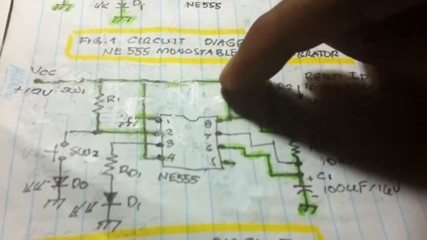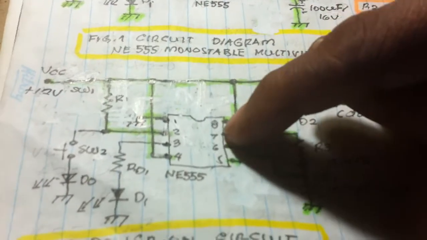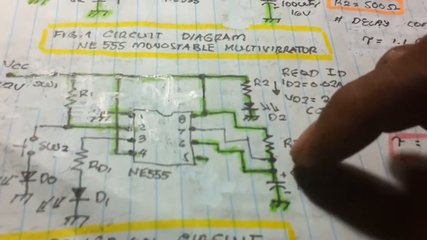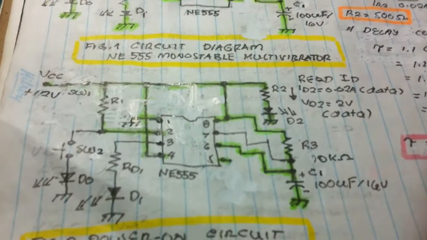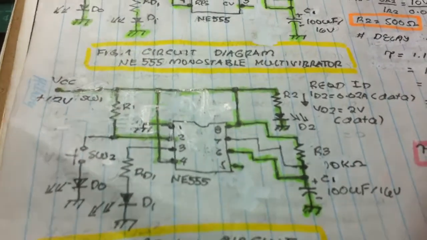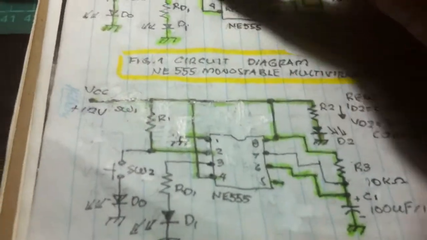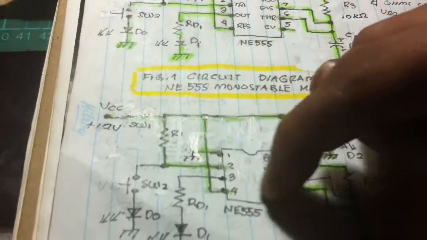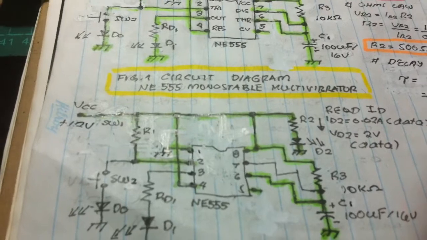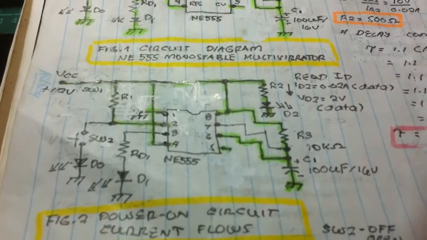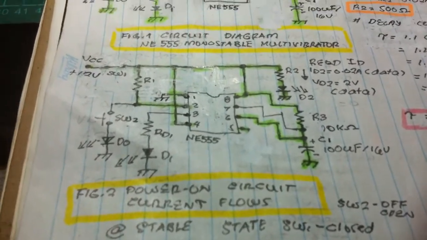Also R to pin A, to R3, and to the capacitor. This time the capacitor is charging, and it also flows to the ground. And we also have this reset line for continuous voltage supply. So this is the stable state.